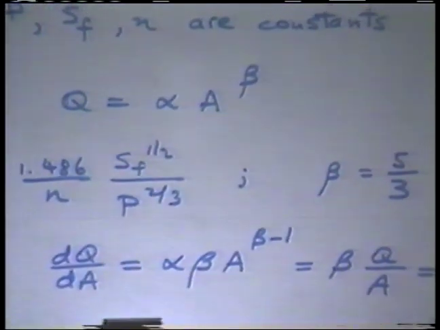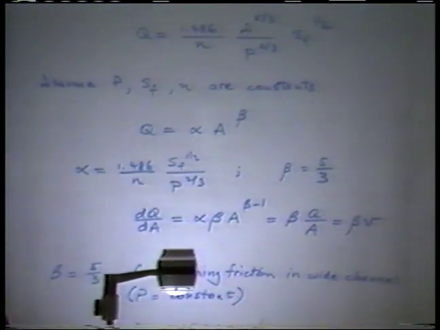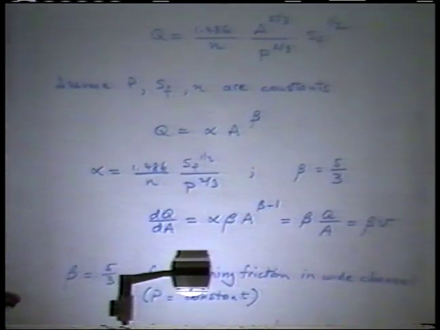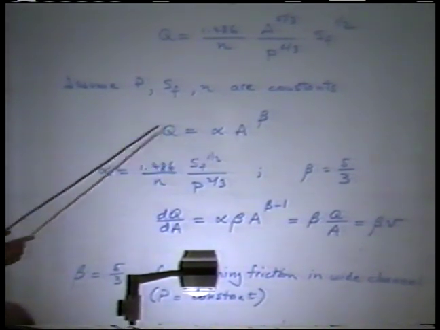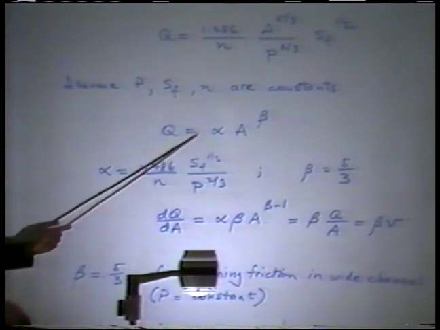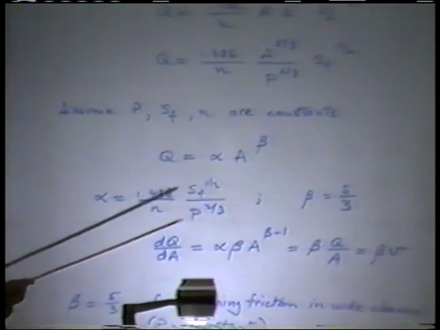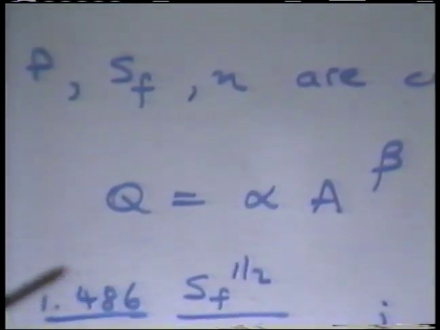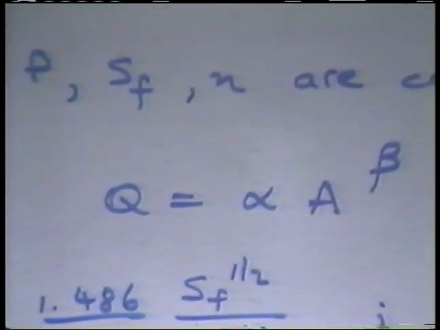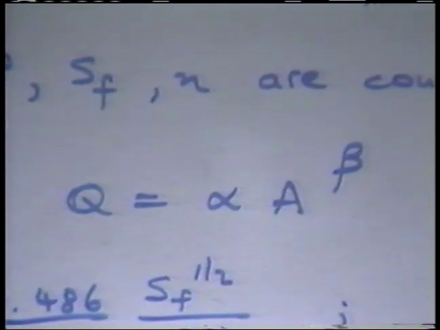Okay. We have the rating formula, in its most simplified terms, Q equals alpha A to the beta, where Q and A are our variables and alpha and beta are our parameters which contain frictional and cross-sectional information. So the friction and the cross-section are implicit and bundled into the alpha and beta.